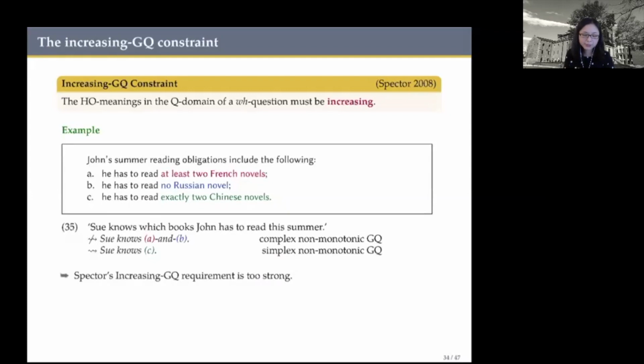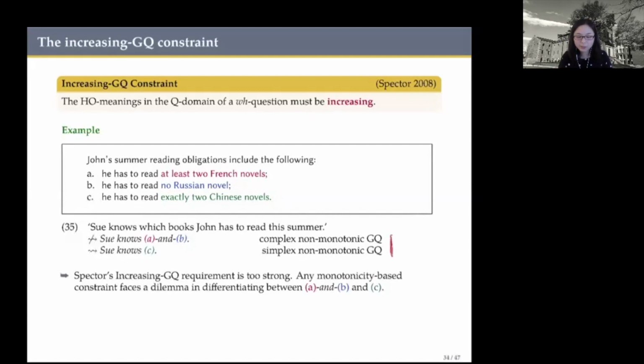So Spector's increasing GQ requirement seems to be too strong, because it also rules out the non-monotonic generalized quantifier exactly 2 Chinese novels. And more generally speaking, any monotonicity-based requirement will face a dilemma in the sense that it cannot distinguish between these 2 non-monotonic generalized quantifiers. One is the coordination between A and B, one is the simplex non-monotonic GQ.